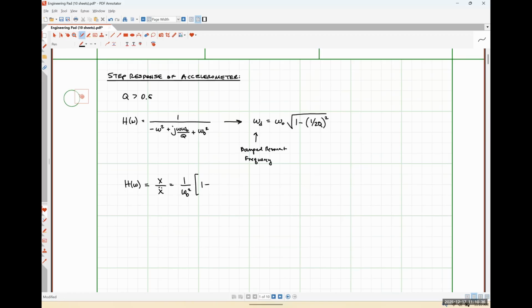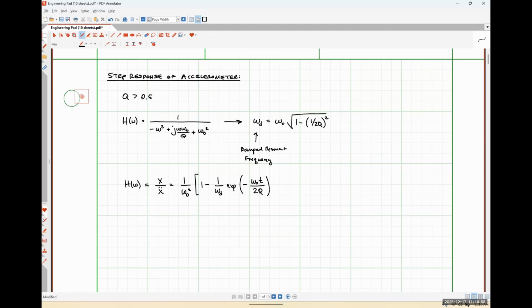So 1 minus 1 over omega d times the exponential of negative omega naught times time over 2Q.